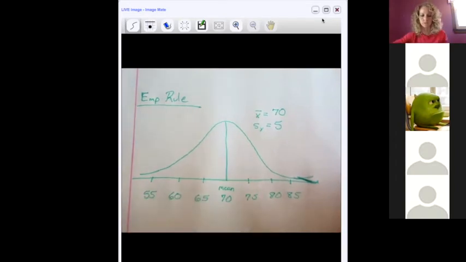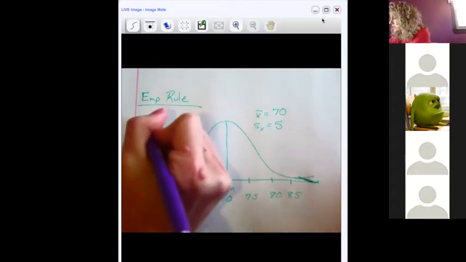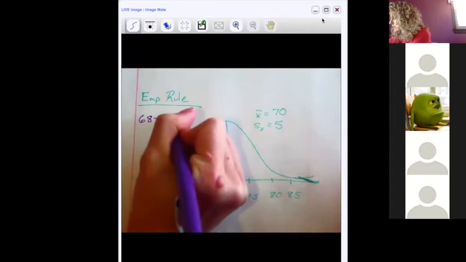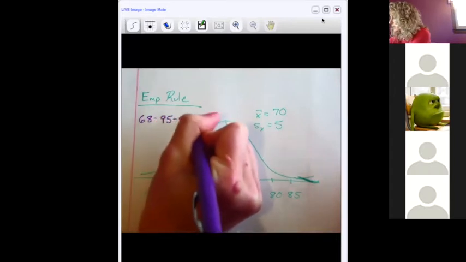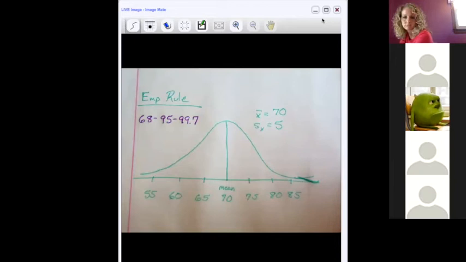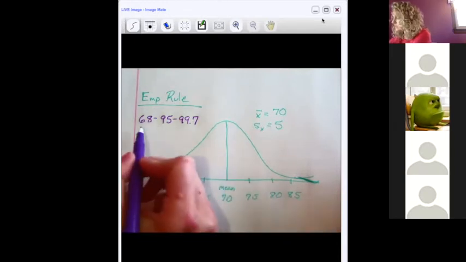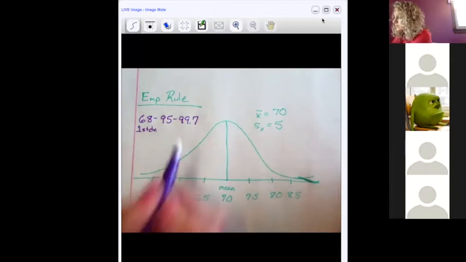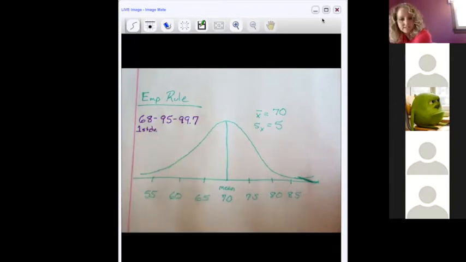Now the empirical rule typically goes 68, 95, 99.7. And different books or different resources might give you a slightly different number, especially on that last decimal, but that's about where it is. So what this says is, within one standard deviation of the mean, there's 68% of the data.